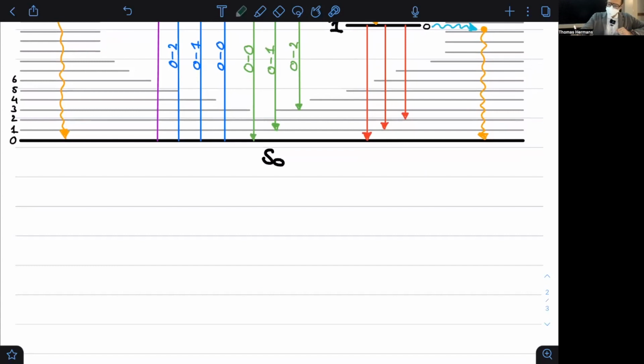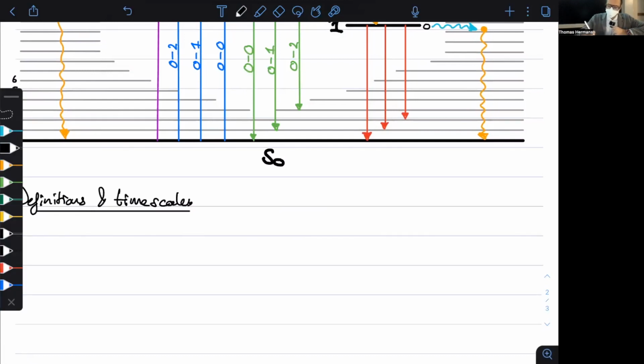Okay, so let's write out some of these definitions, and timescales. The first one, which we already talked about last time, is absorbance. There are many definitions, but we're going to make the definition a little bit wider to include more things.